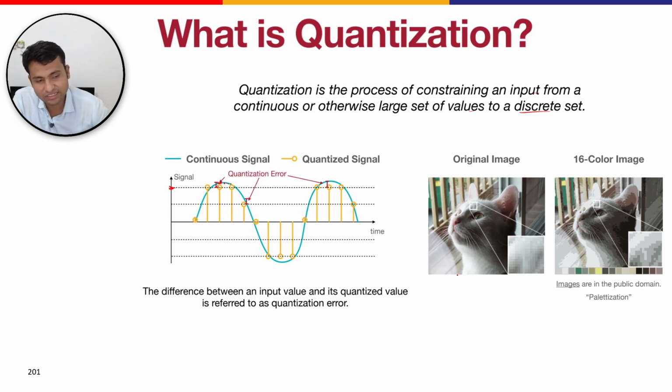So definitely there's a loss of quality, like if the original image is in 16 million colors and we just map it to a 16-color image. So we take the most prominent repeating pixels and try to represent the image with that. There are multiple algorithms for what that 16-color palette has to be, and then from that we can reconstruct the image.